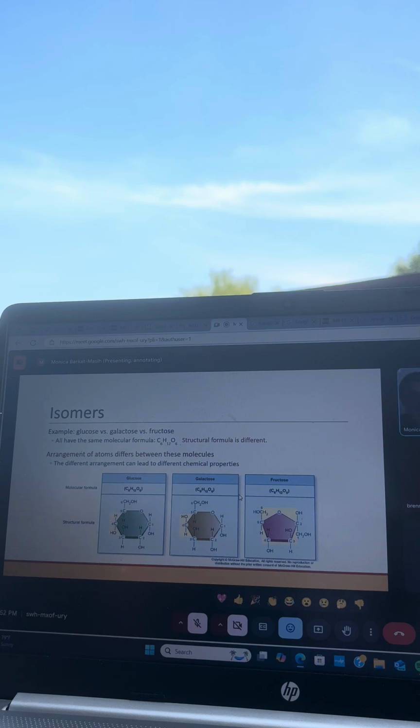Yes, different structures. Like here you see the example, glucose, galactose, fructose. They all have the same formula, C6H12O6. But because the arrangement of all these are different, the structural formula is different, and these are called isomers. So know these definitions.